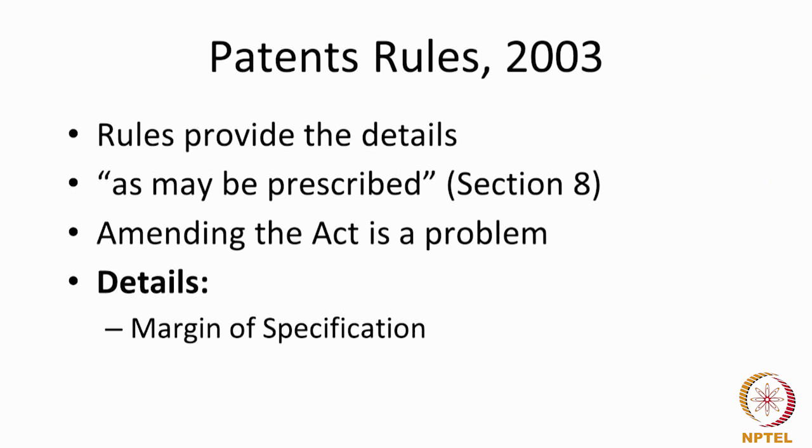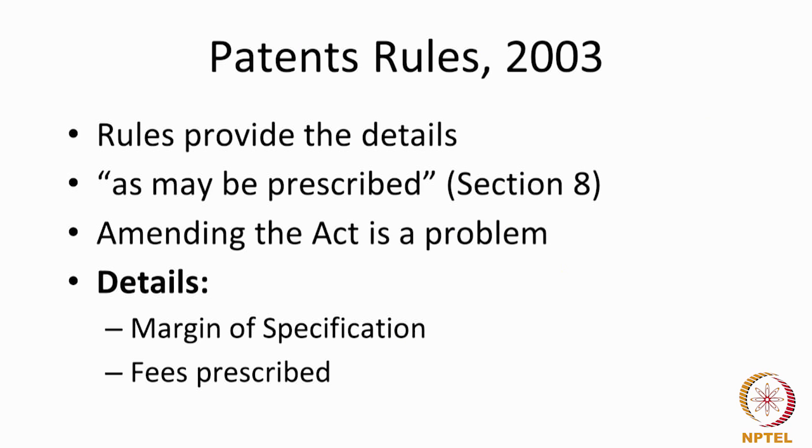The fees that have to be paid can again be found in the rules, in the first schedule or the fifth schedule. The patent rules also describe some details which normally you will not find in the act. For instance, if you want to know what should be the margin space in a specification, you will not find it in the act, but the rules do mention that.